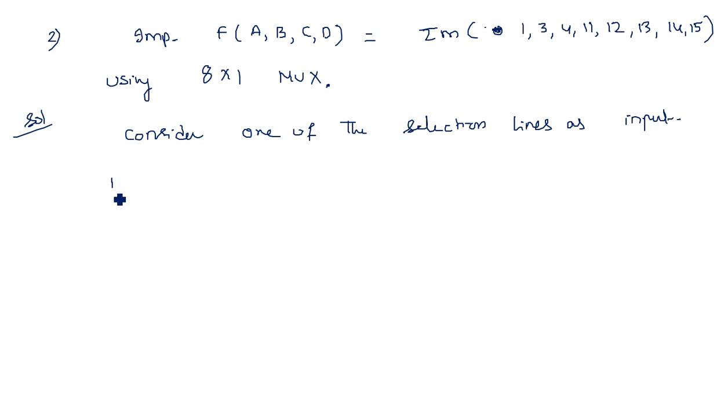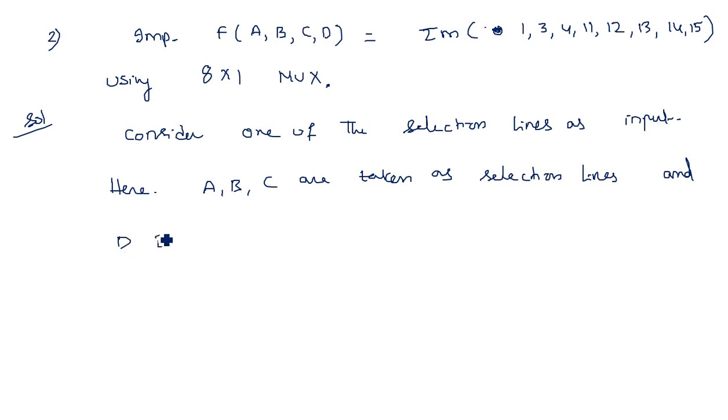So here A, B, C are taken as selection lines, and D is considered as one of the inputs.